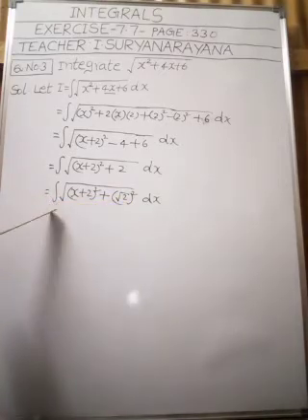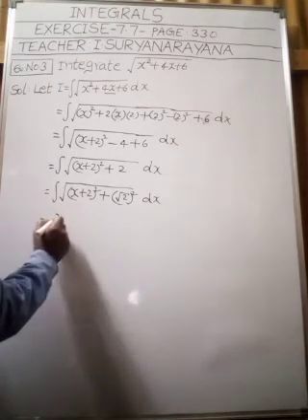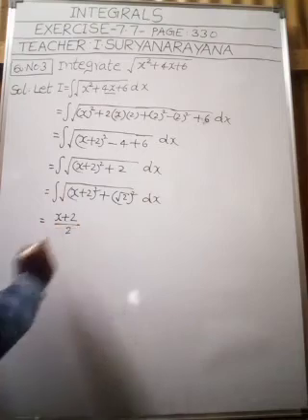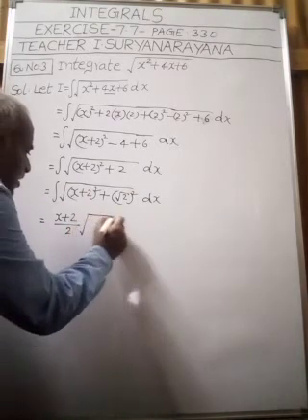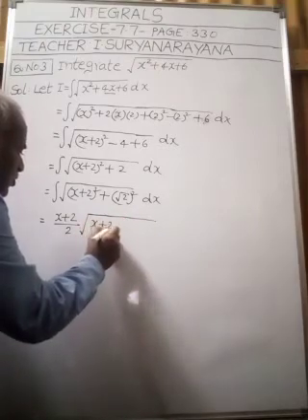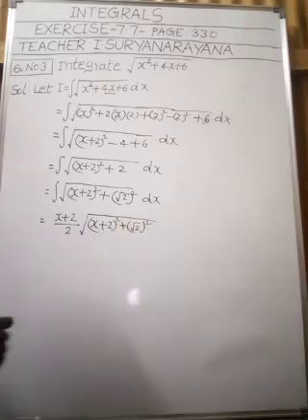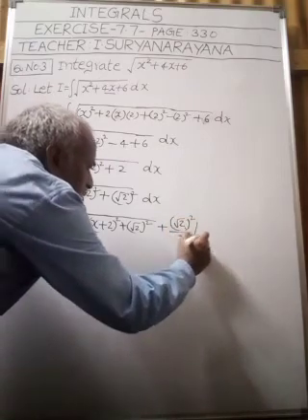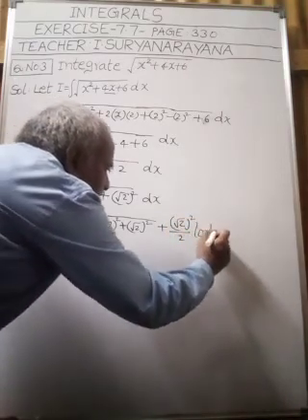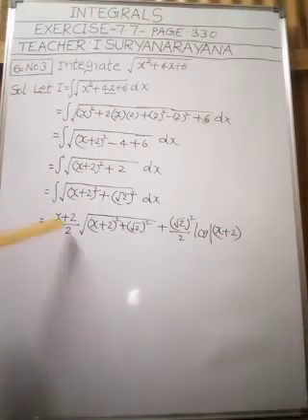Then what is the formula for integral root of x square plus a square? x by 2 root of x square plus a square, plus a square by 2 log mod x plus root of x square plus a square. Remember this point, my children: x means here x plus 2. You have to remember that point.